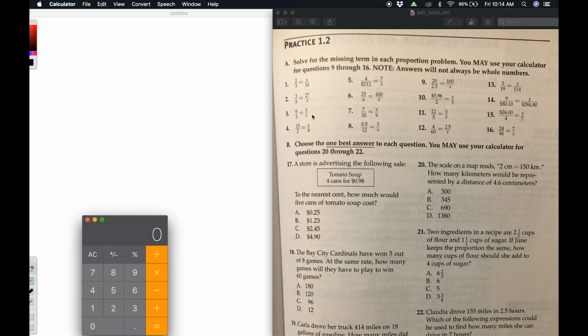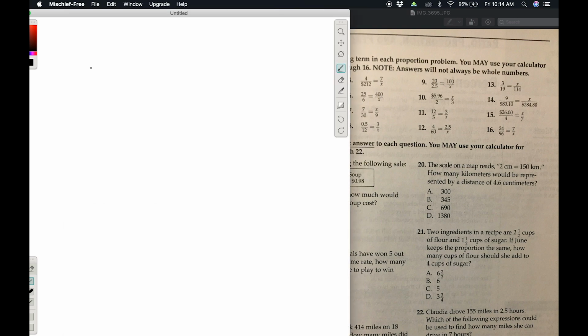Okay, so 20 over 2.5 equals 100 over x. This one we can actually do in our head because we know 100 times 2.5 is 250.